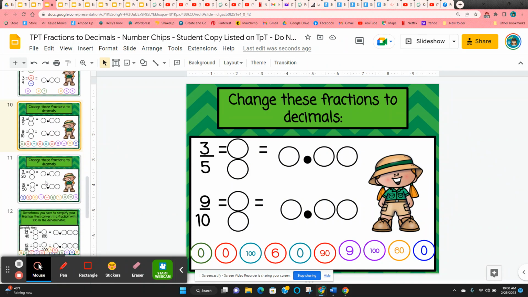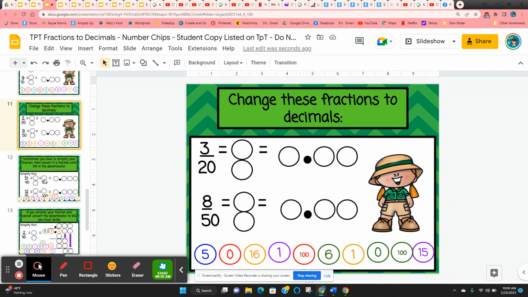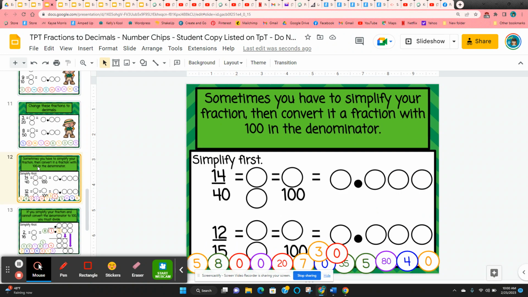Same thing on the next slide and on slide 11. Now, when they get to slide 12, sometimes they can't convert directly to an equivalent fraction with 100 in the denominator. They may need to simplify their fraction first. So if they simplify the first fraction, dividing numerator and denominator by 2, they get 7 20ths.